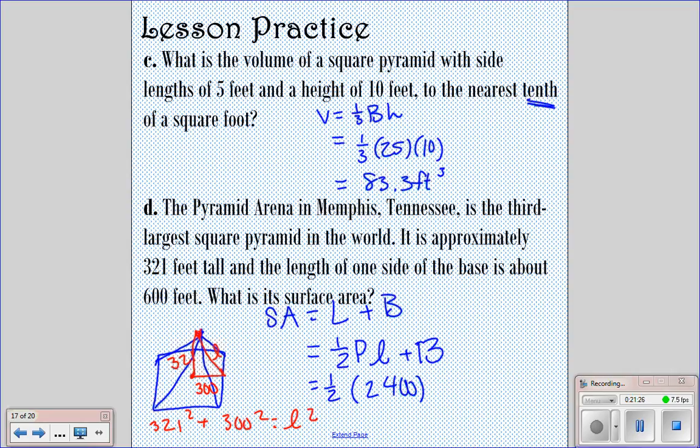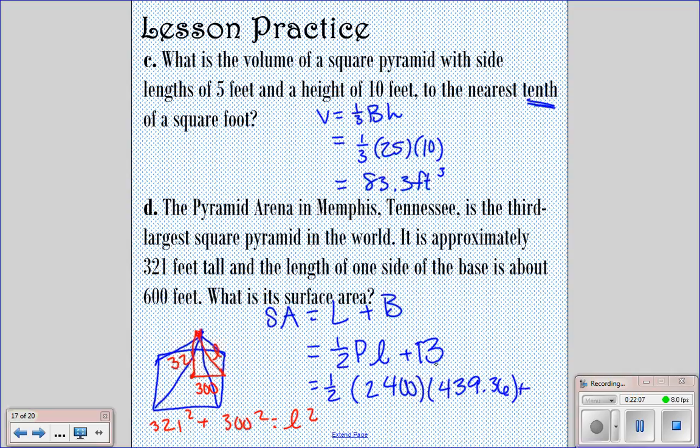And so quickly use your calculator to figure that out. And so you should get about 439 for your L. That should be the number you get there.